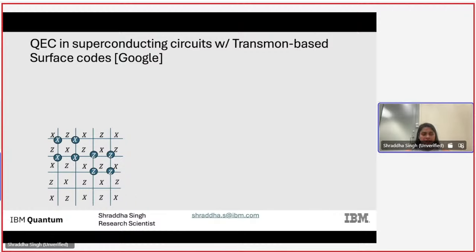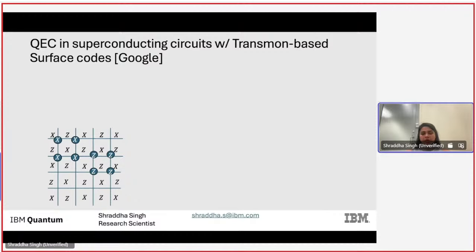So the very first is Google Surface Code. It's essentially a 2D layout of your qubits. So you can see this graph. Forget the X and Z pictures for now. On the vertices lie the qubits, and these squares, the X squares represent a 4-body XXXX stabilizer, and the Z labels represent a 4-body Z stabilizer.